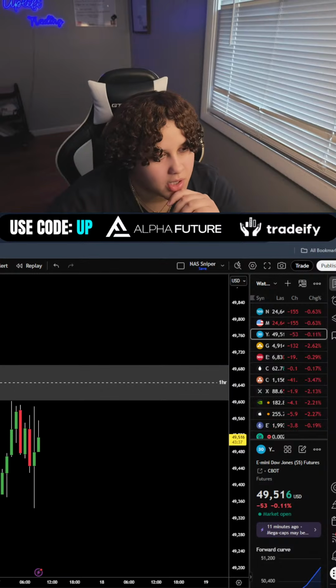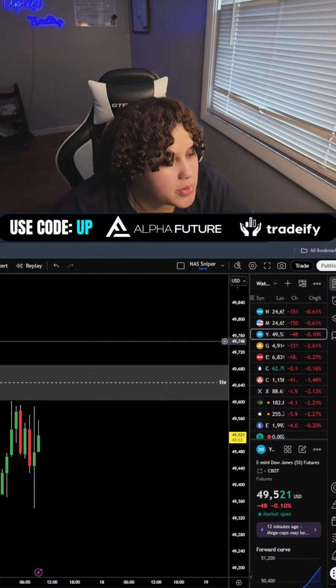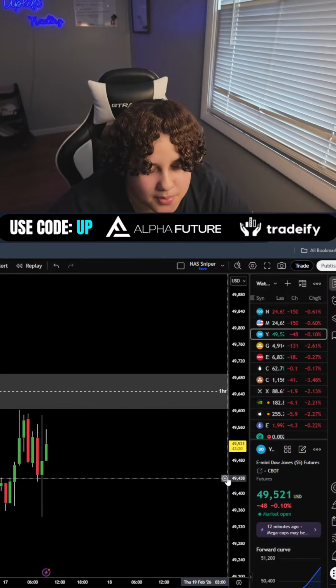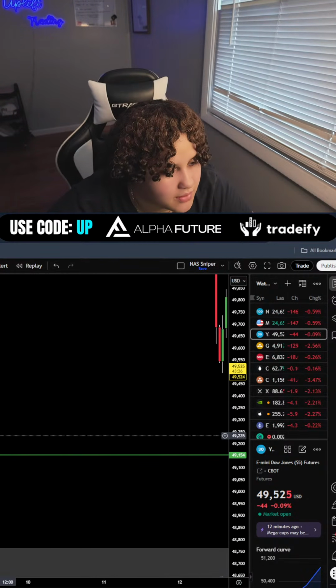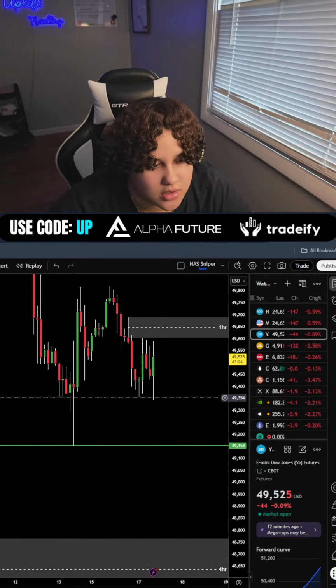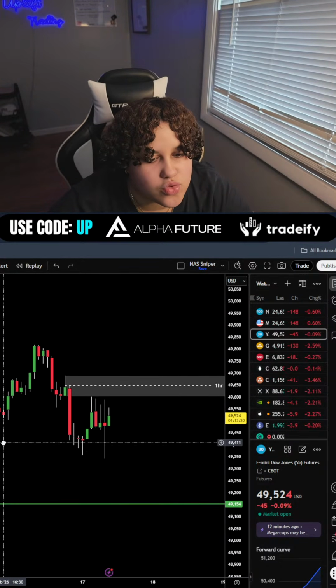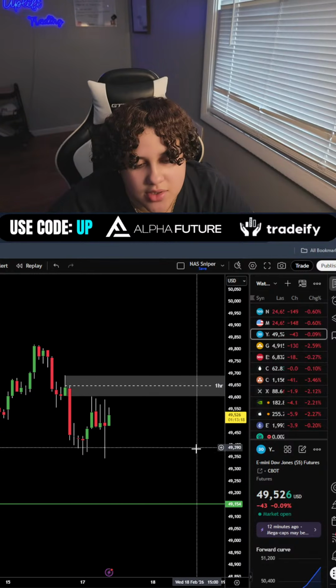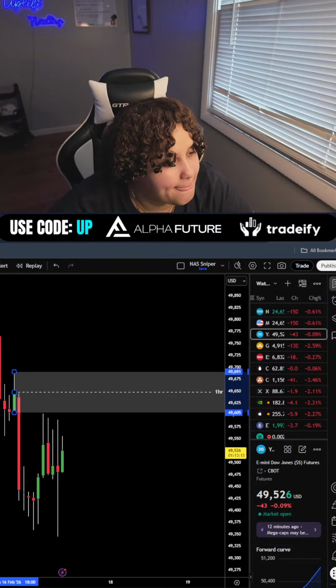I just wish the market actually tapped on it. We just missed it by a couple points though. I also want to see why the market bounced off of this area. Okay, this 1 hour supply zone is also a 90-minute zone, which is good.